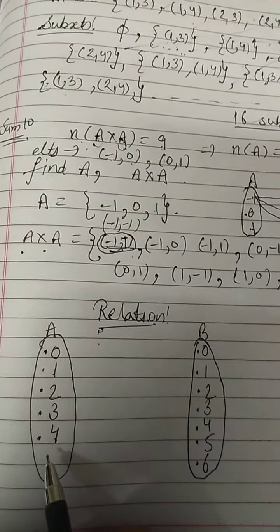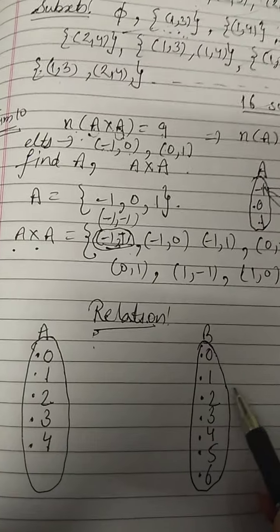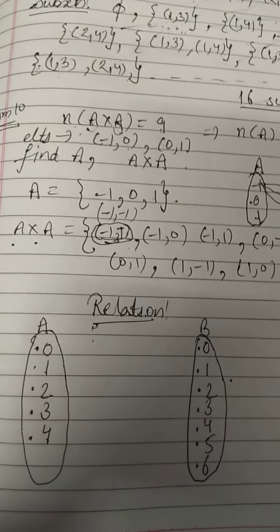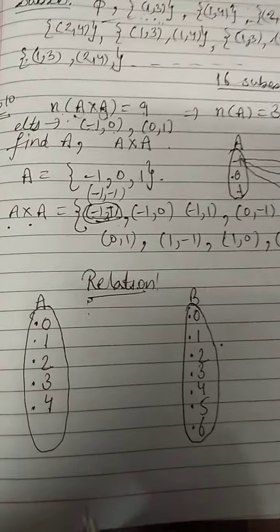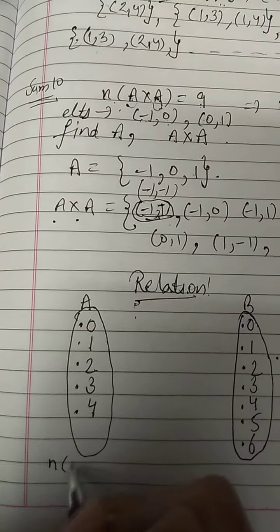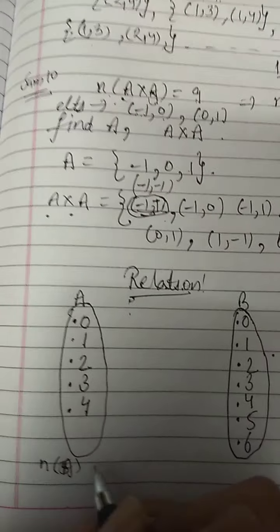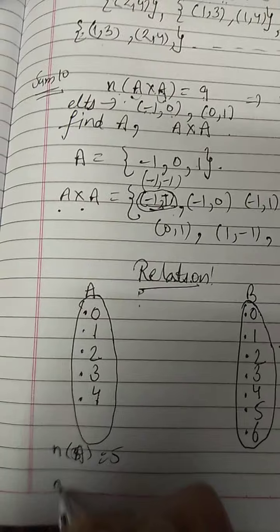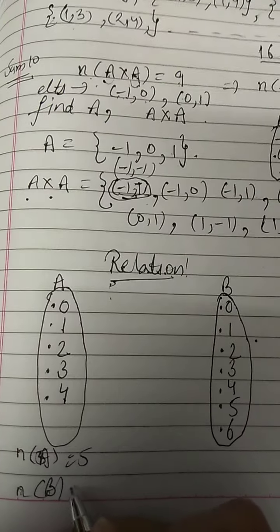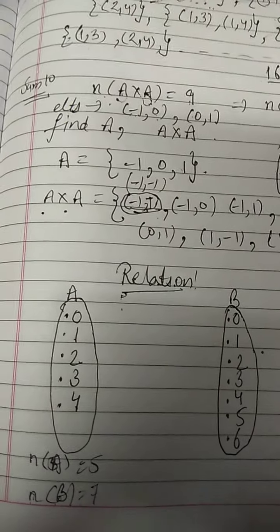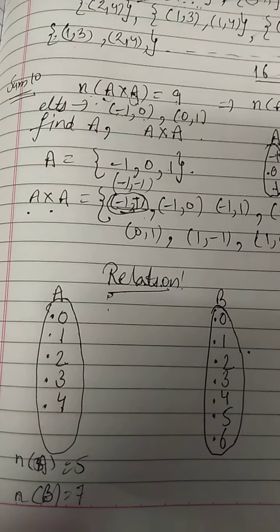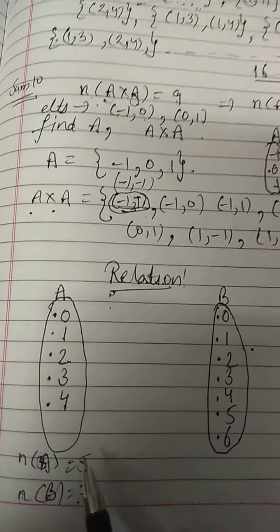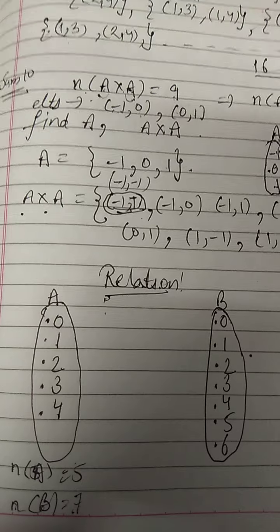How many elements is set A having? 5 elements. Set B is having how many elements? 7 elements. So if set A is having 5 elements and set B is having 7 elements, how many elements will be there in the Cartesian product? Just take the product of these two numbers, 35.